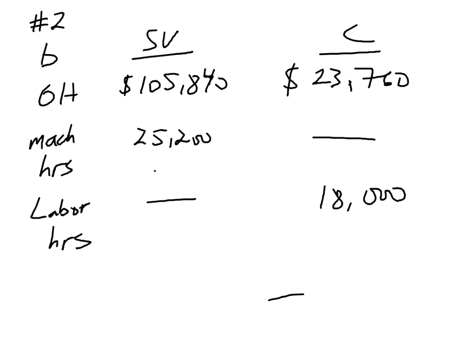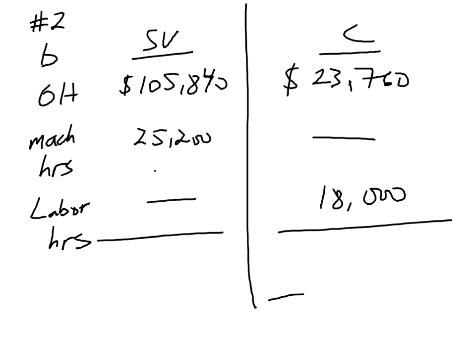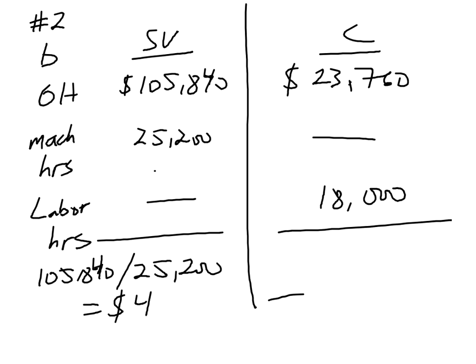So now the question wants us to calculate the allocation rate for each department using their separate methods. So for SV, we're going to do 105,840 divided by 25,200. And we're going to get $4.20.